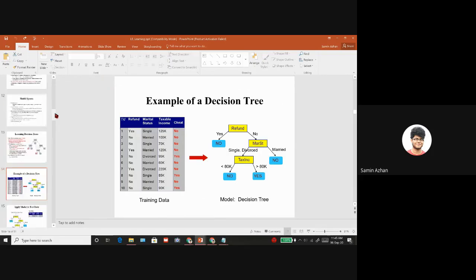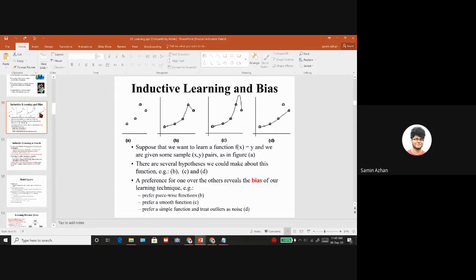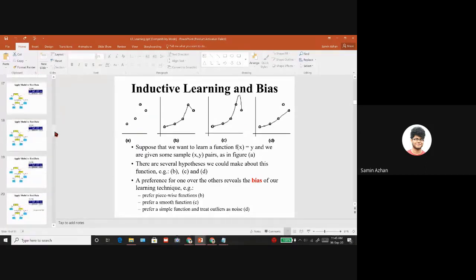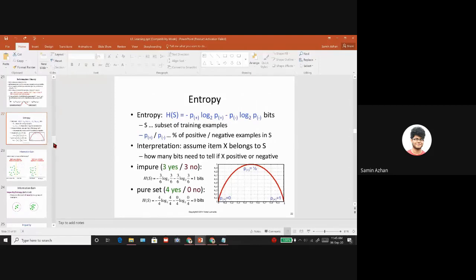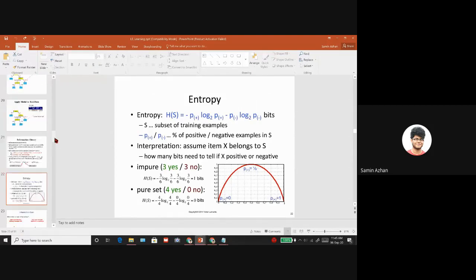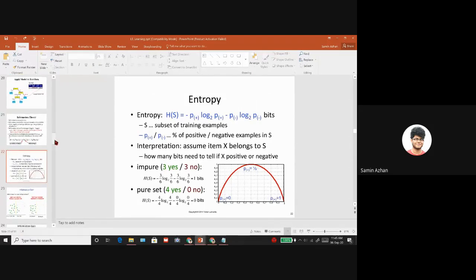In the previous slide, we showed that there are multiple ways to solve a problem. Some will go this way, some will go that way. Now, for decision trees, there's a concept called entropy. Calculating the entropy gives us the impurity of the training data.